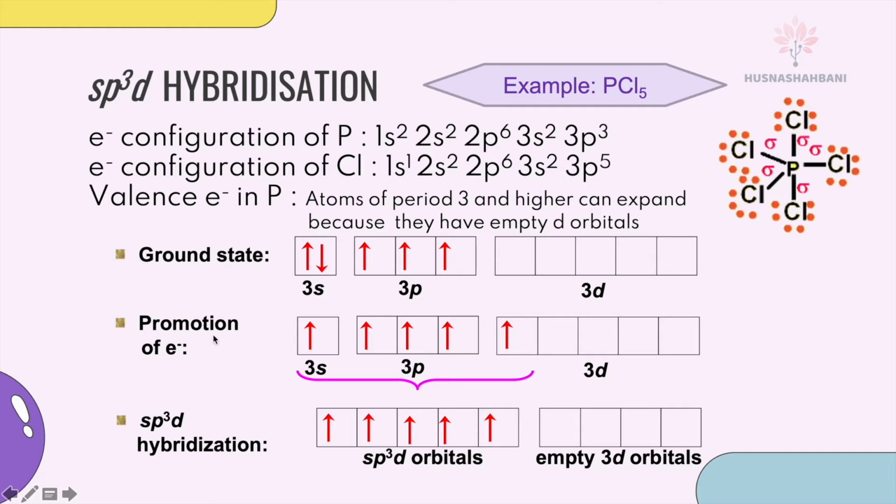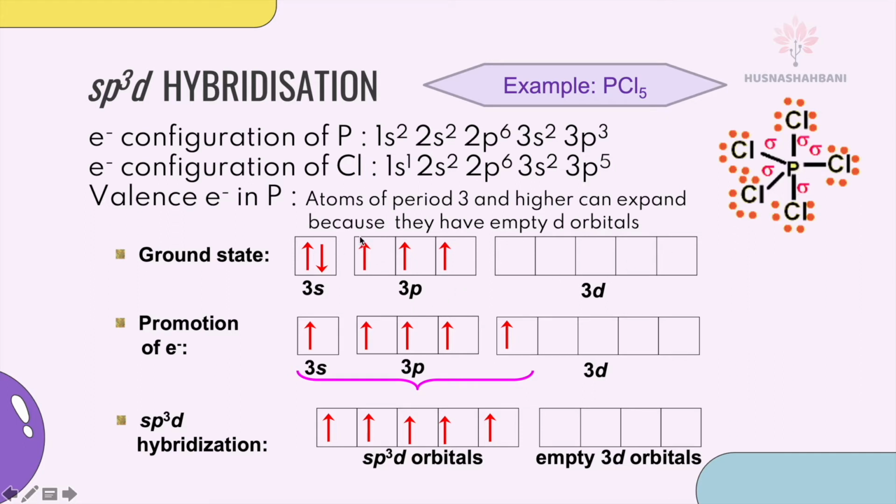And then promotion of electron. In order to determine the orbital diagram of the promotion of electron, look at how many sigma bonds, or single bonds, the central atom has. This phosphorus has 5 single bonds, or 5 sigma bonds, so it needs 5 unpaired electrons.